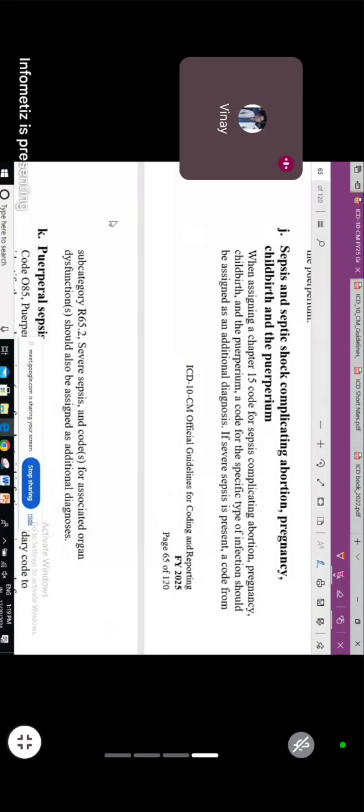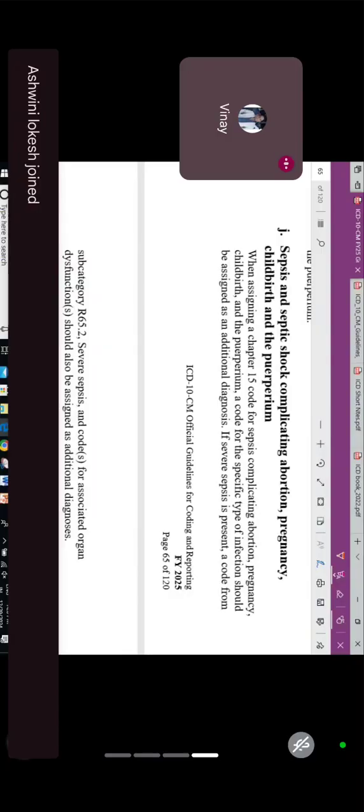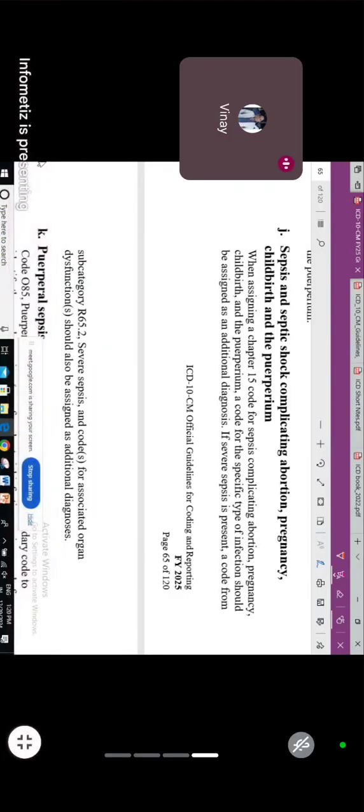Sepsis or septic shock: we have to go with the O series code first and follow the chapter 1 guideline. When assigning a chapter 15 code for sepsis complicating abortion, pregnancy, childbirth or puerperium, a code from the specific type of infection should be assigned as an additional diagnosis. If severe sepsis is there, you have to code the R65.2 series.